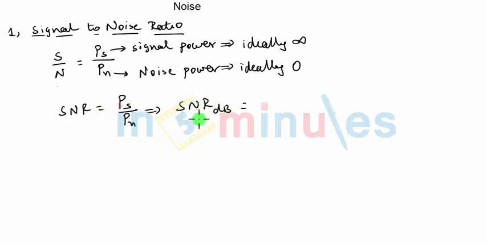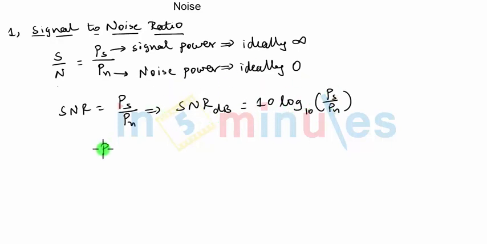It becomes very important that we represent it on the dB scale. Whenever you take the ratio of two powers, the formula for the dB value is 10 log Ps by Pn to the base 10. So this is how we will represent SNR in dB.